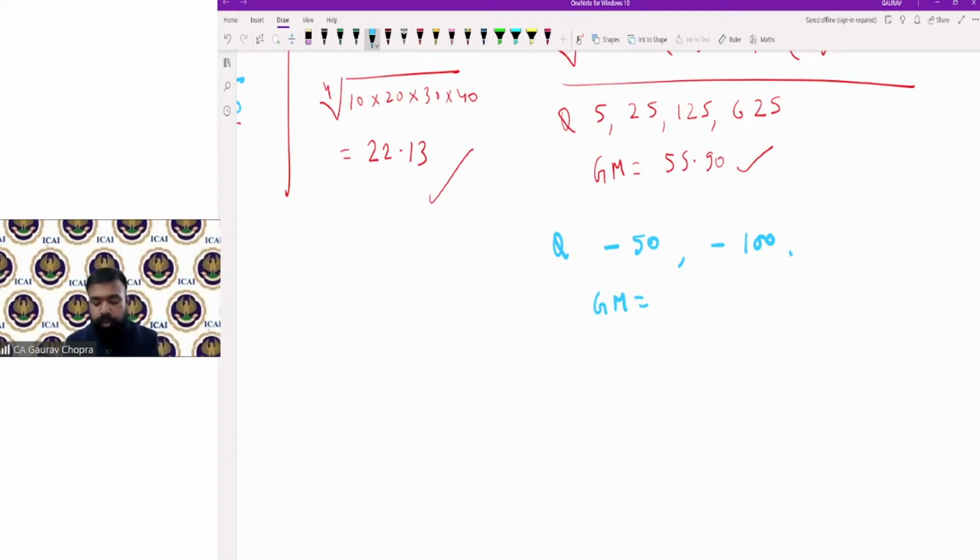Multiply the values and then take the square root. You will get the result. Come on, everyone. The question is easy. You can answer.